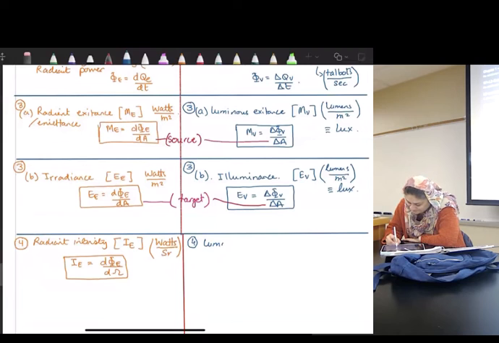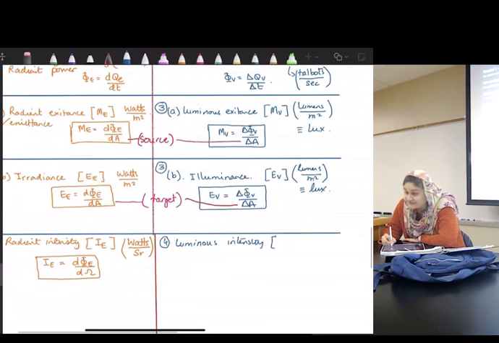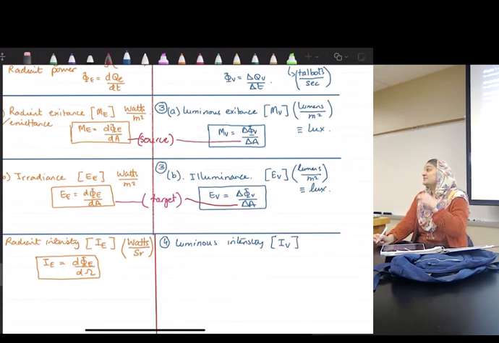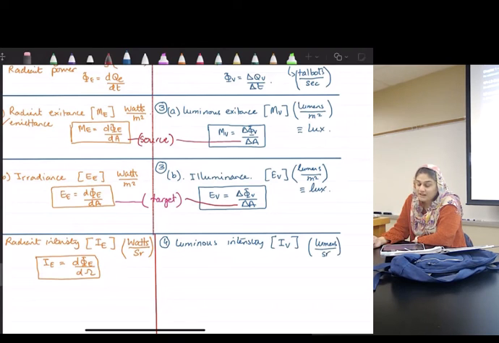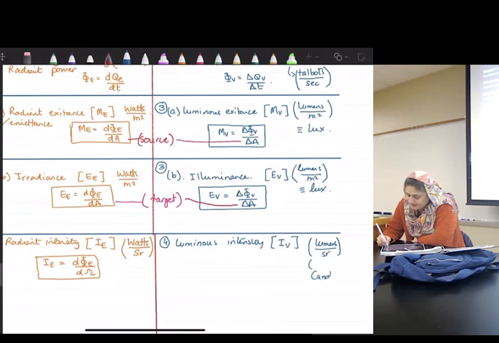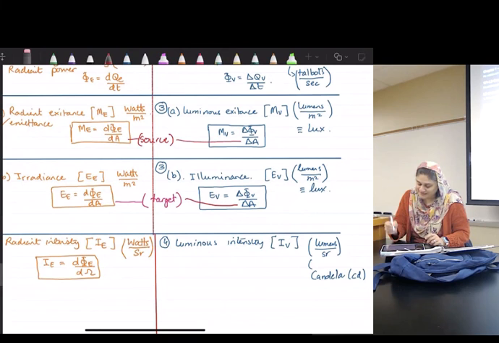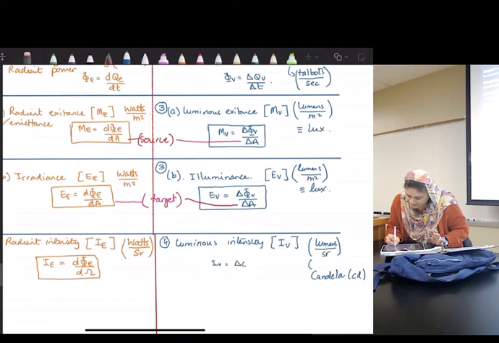Yay! Do you see a pattern developing? What do you think the symbol is? I'm going to go with IV. There we go. Remember vision, V, photometry. Units are lumens per steradian, which is also called candela, or CD for short. And the formula for this one would be IV equals delta phi V over delta omega.